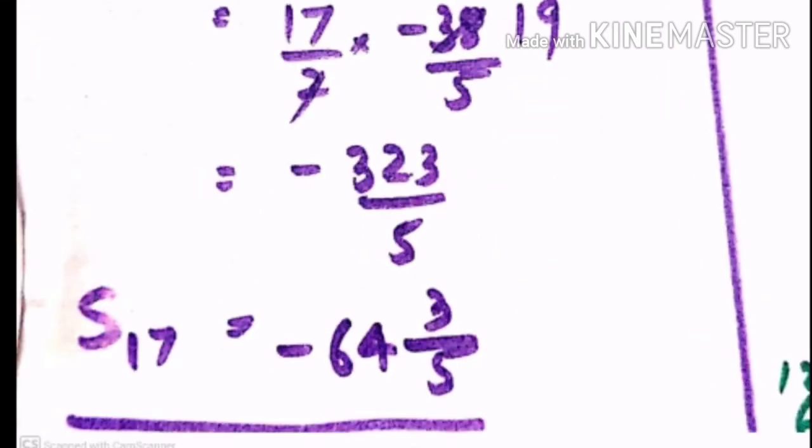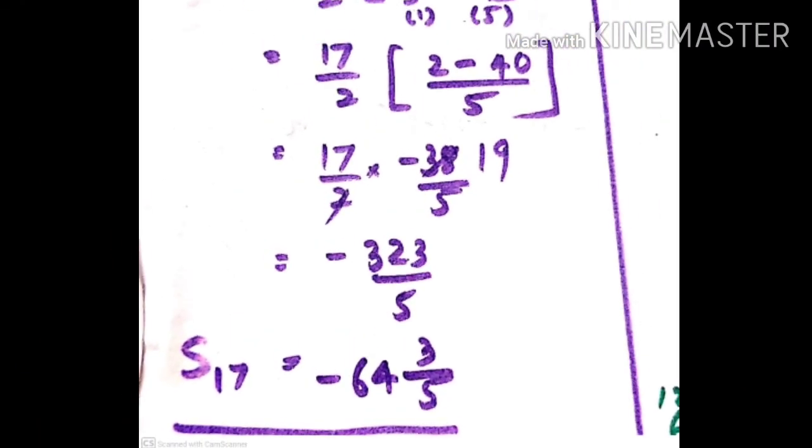So here we found the multiplication minus 323 upon 5. Then S17 is equal to, in the mixed fraction, minus 64 and 3 by 5. That is our final answer of the sum of the first 17 terms.